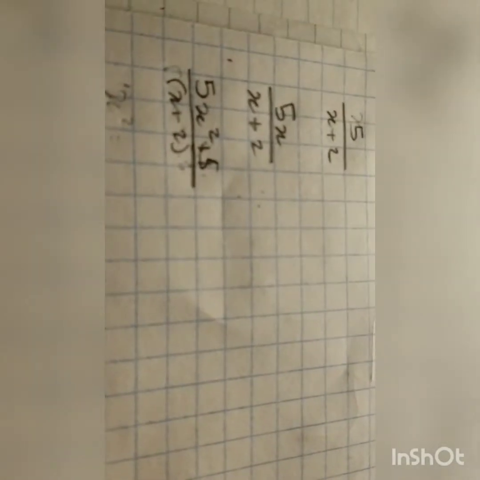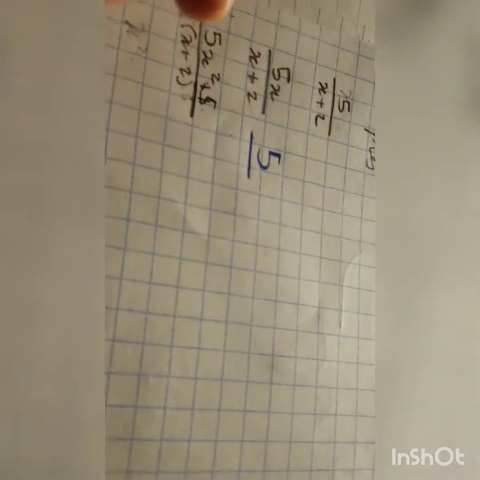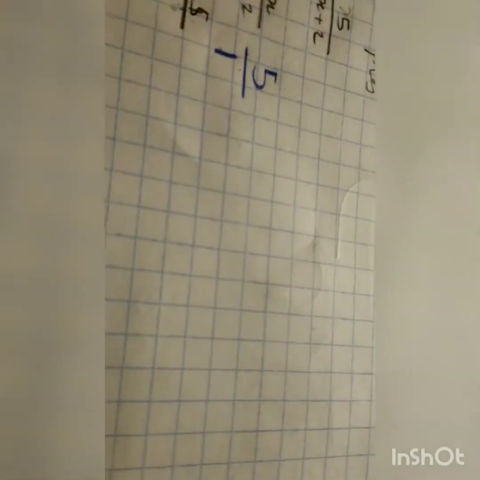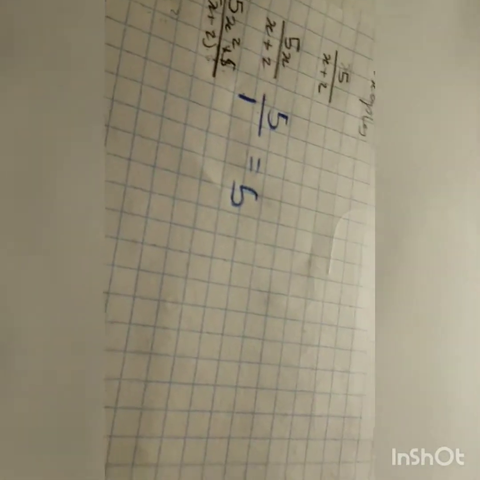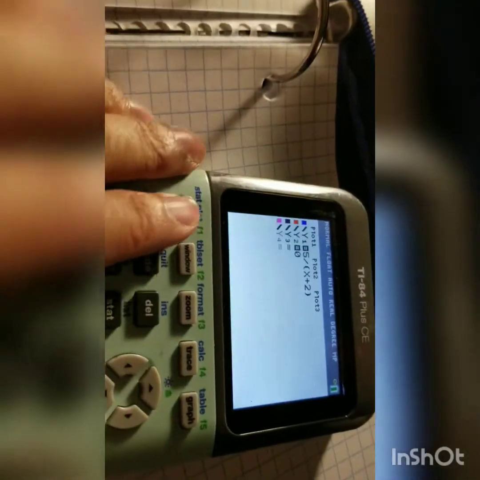Here we have 5x over x plus 2. You divide the coefficient of the top by the coefficient of the bottom, which is 1, and so the y asymptote will be 5. Let's put that in our calculator.